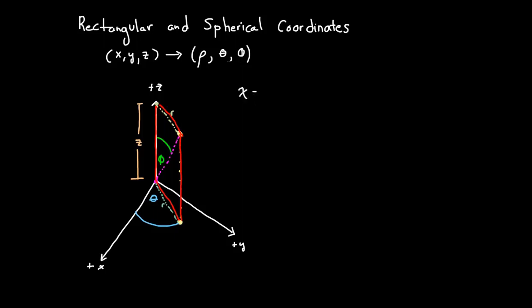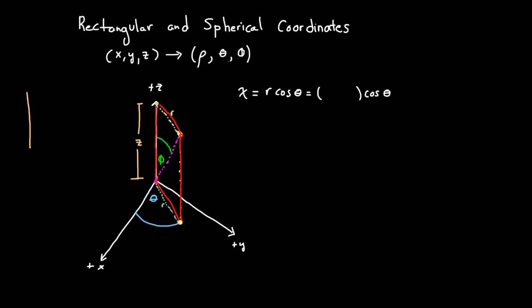We know that x is always equal to r times the cosine of theta. But what we want to figure out is what r is in terms of phi so that we can get this conversion down. All right, so to see that better, let's draw the triangle.